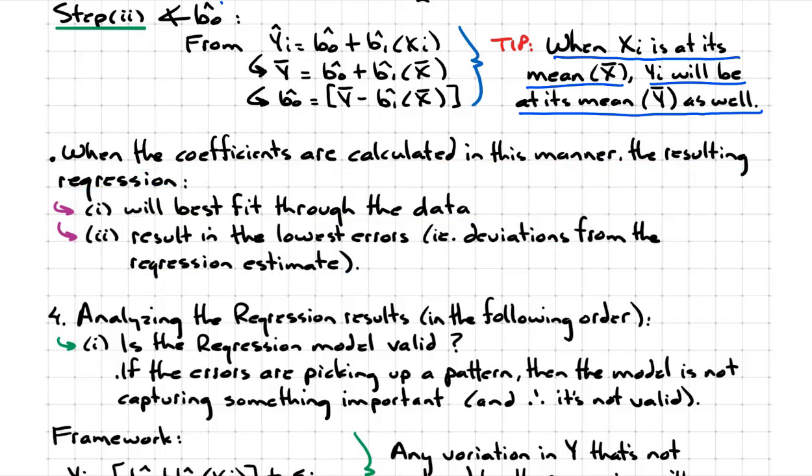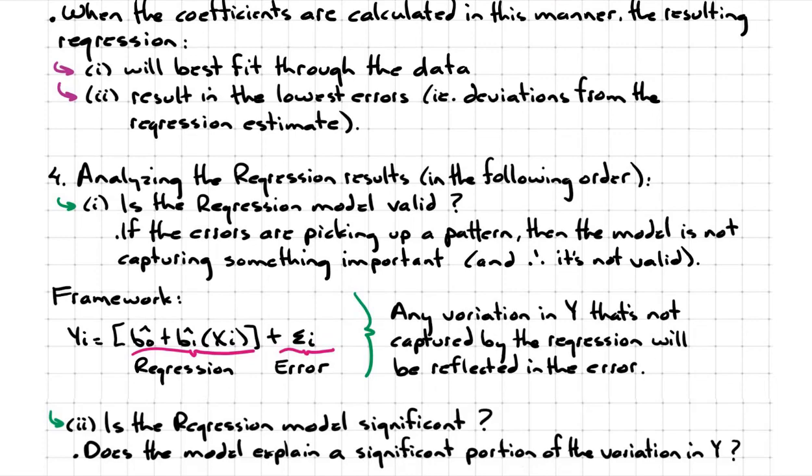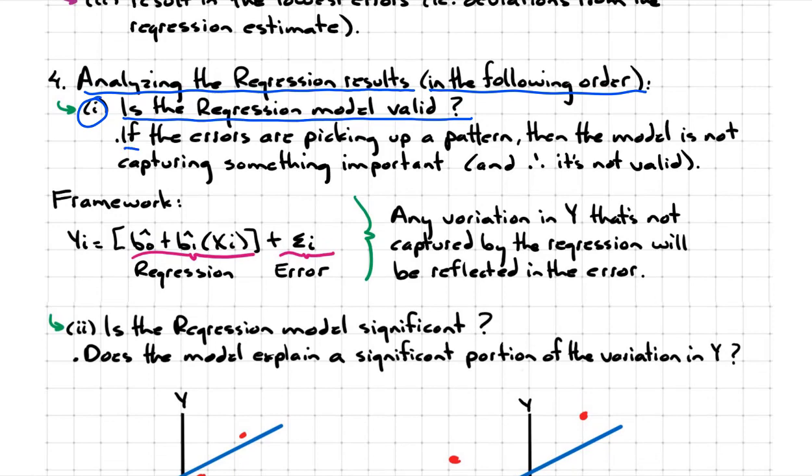Note 4. How do we analyze the regression results? We go in the following order when we're doing the analysis. The first question we ask is, is the regression model valid? If the errors are picking up a pattern, then the model is not capturing something important, and therefore it's not valid. So I'm going to play a little word association here.